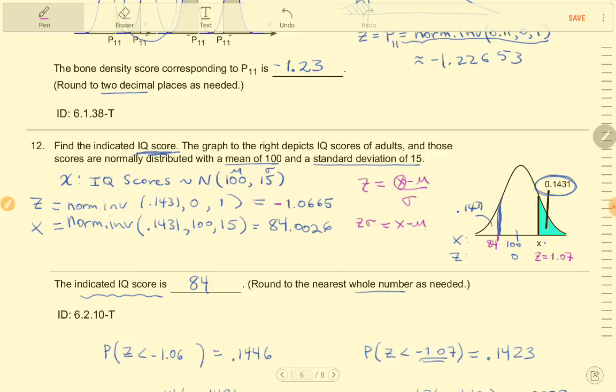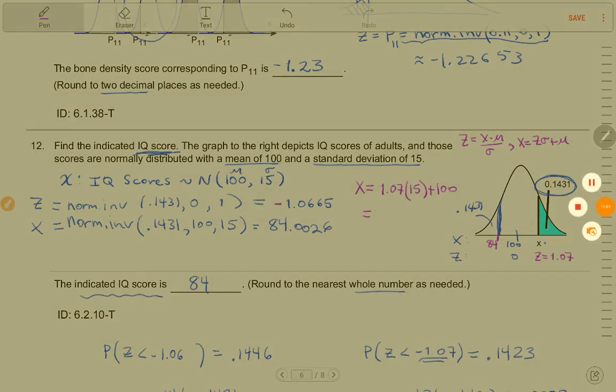Then if I add the mean to both sides to get x alone, I'll have this. Alright, so I'm going to use the x formula to convert my z-score. So I'm looking for x. I'm going to find that by taking the positive z-score on the right times the standard deviation of 15 plus the mean of 100.